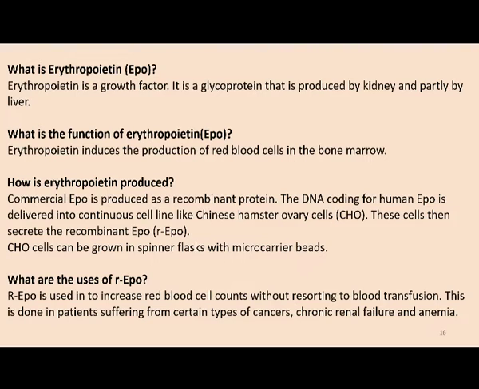So, how do you produce this erythropoietin? You can produce erythropoietin by using a combination of recombinant DNA technology as well as animal cell culture.